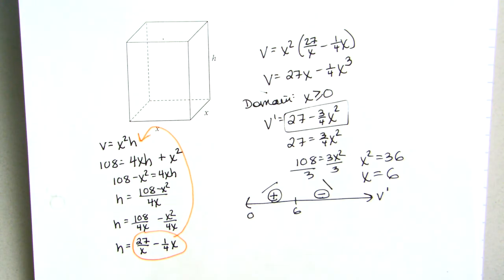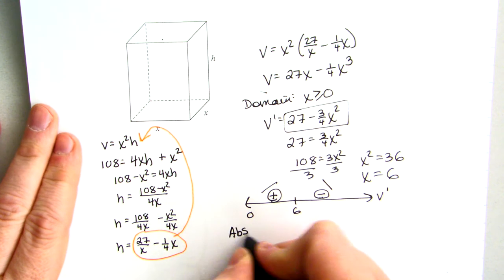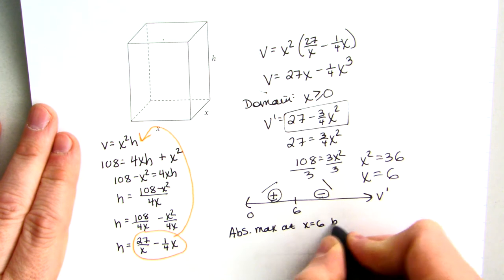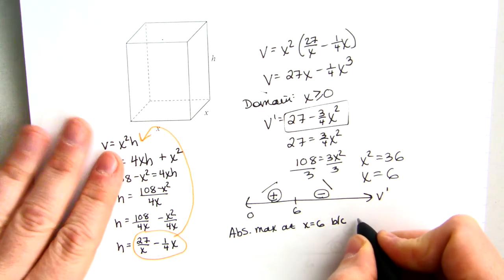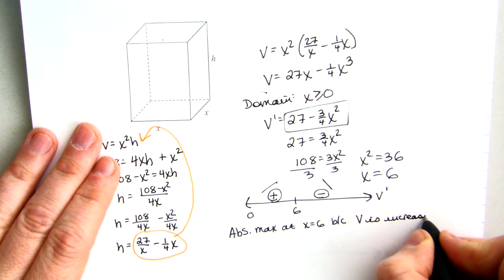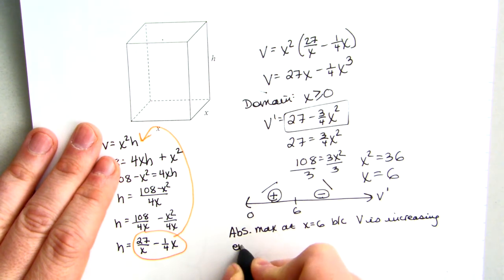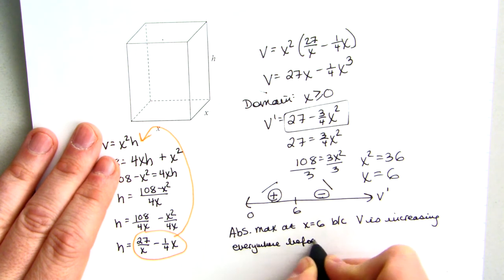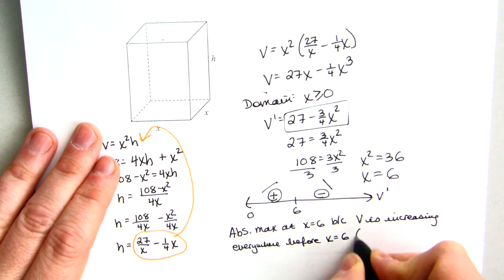See if you can write up the global justification to show that there is an absolute max at x equals 6. There's an absolute max at x equals 6 because v is increasing everywhere before x equals 6.